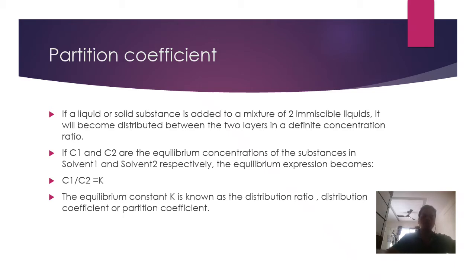In order to find the equilibrium constant, we have to take the ratio of the concentration of the benzene to that of the water, or simply the ratio of C1 and C2. Now the equilibrium constant K is also known as the distribution ratio, the distribution coefficient, or simply the partition coefficient.